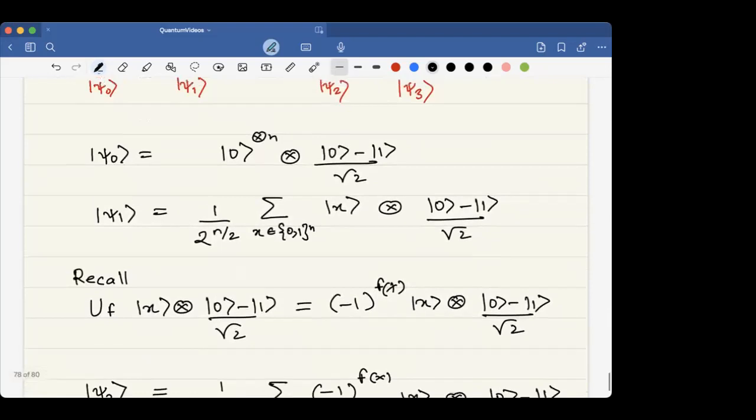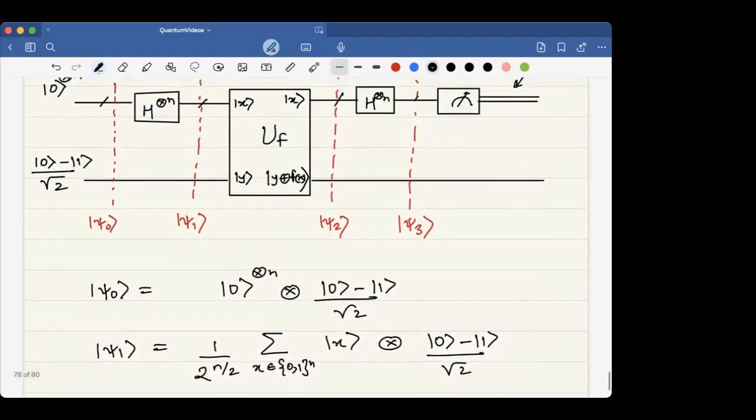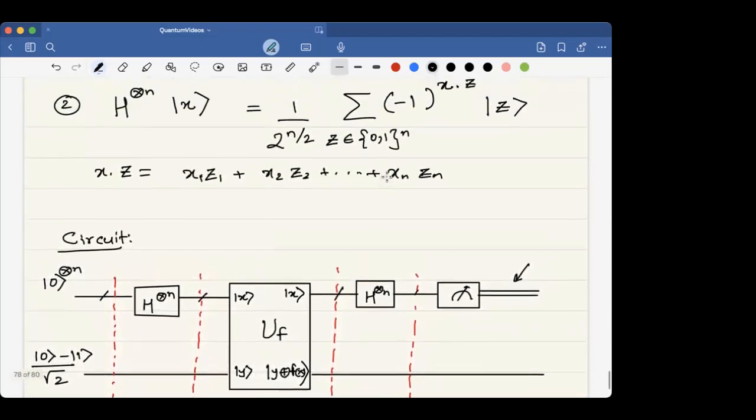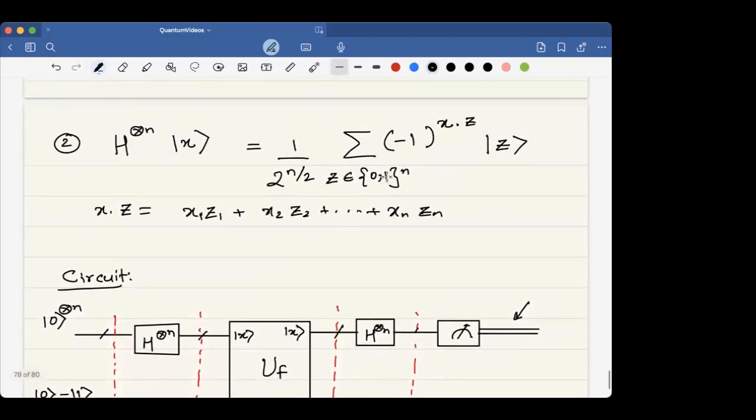All right. Now, before we get to psi 3, we apply again the Hadamard tensor n. And there we use this second fact. So Hadamard tensor n applied to a state x is a uniform superposition, but with some minus signs.